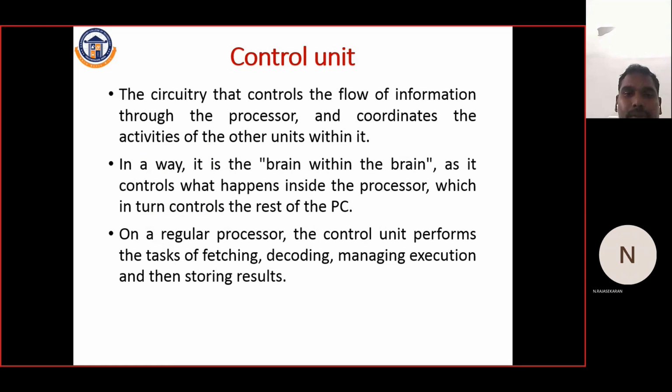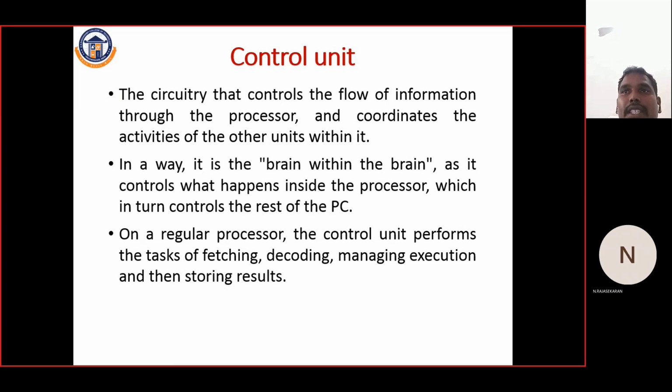Then the control unit. In each and every place we require a control section to confirm the output. It is the circuit that controls the flow of information through the processor and coordinates the activities of other units within it. This is a very important thing. We have to know the information, and the information should be coordinated with the activities of other systems also.